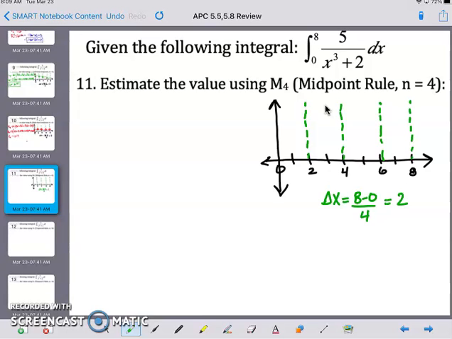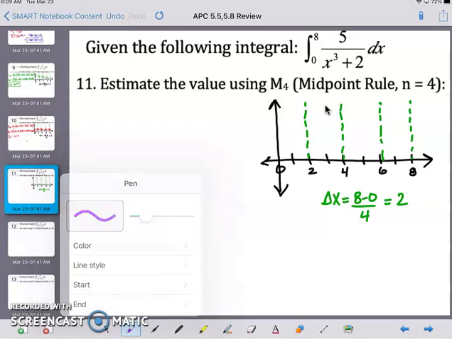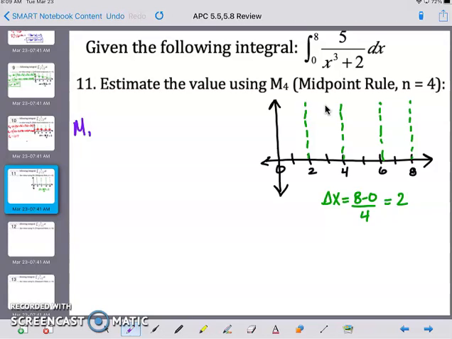But this time, if we are trying to find our midpoints, so we're finding M4 here, this is going to be equal to delta x times, but this time the midpoint of the rectangle is going to be where the height of the rectangle is at the x value right in the middle of the rectangle, right? So we're going to be looking for our heights here at 1, at 3, at 5, and at 7.